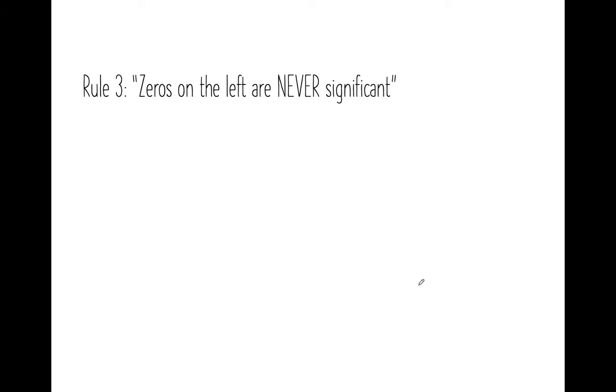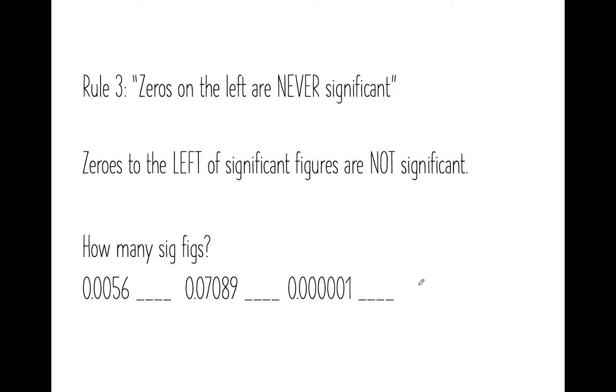Now, the third rule is about zeros that are on the left side of the first non-zero number. Any zeros that are starting off in the number are never significant. So we never count those when we're counting our significant digits. Let's look at these examples. 0.0056. All of these zeros do not count.